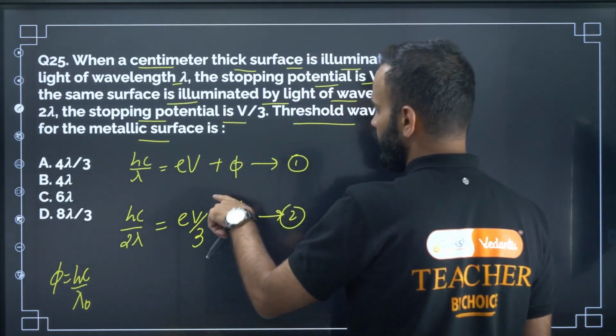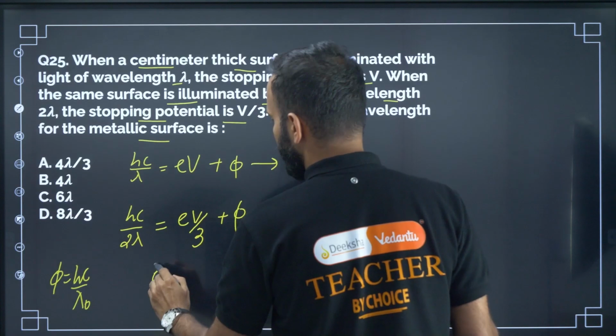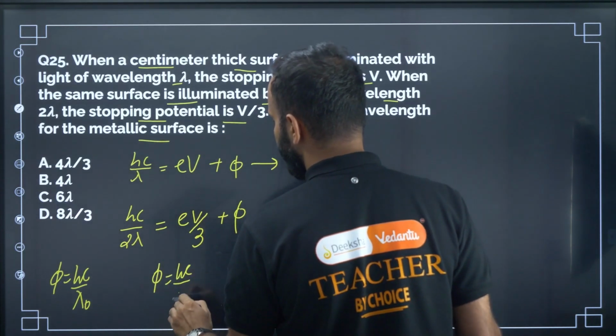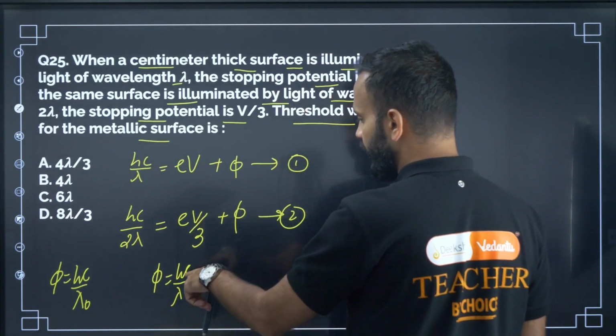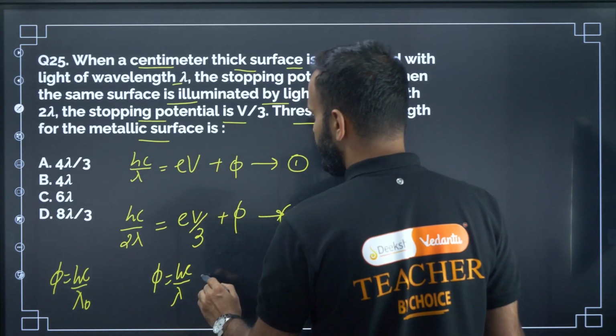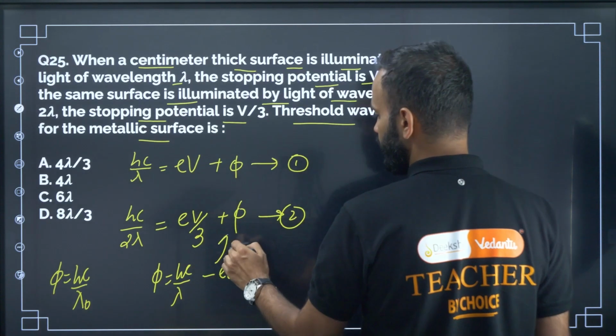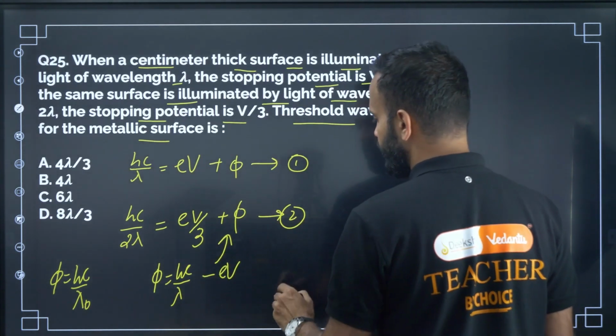Okay, so I can write the first equation as phi equal to Hc by lambda minus E into V, right? Now substitute this into the second equation.